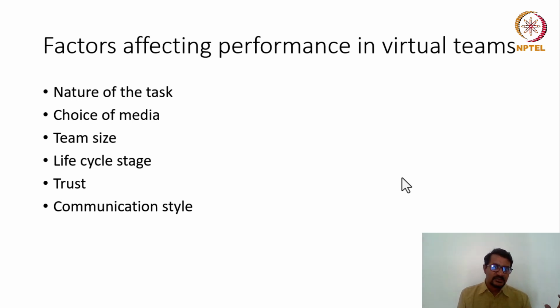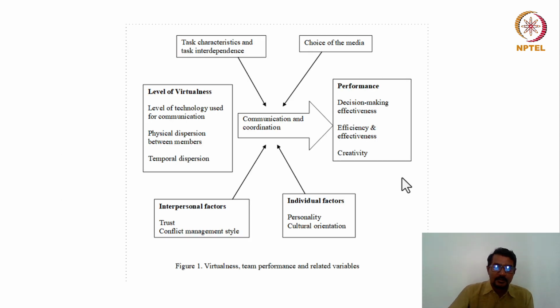If the team size is at a certain level and they are in a certain life cycle stage and they choose a certain media, then the effect might be different. So these factors play together and affect the performance. We looked at the various factors and how they interact with each other to affect performance.